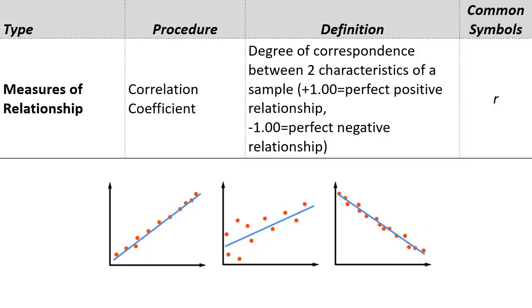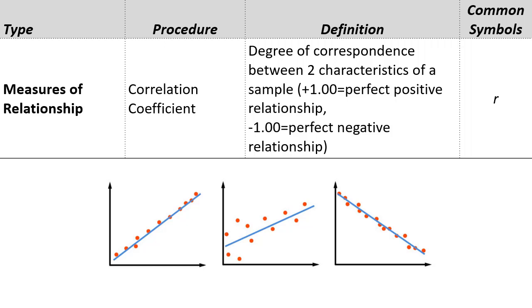Correlation is a measure of relationship, and the procedure you use to calculate it is the correlation coefficient. Correlation is the degree of correspondence between two characteristics of a sample, and the common symbol in the literature for a correlation is r.